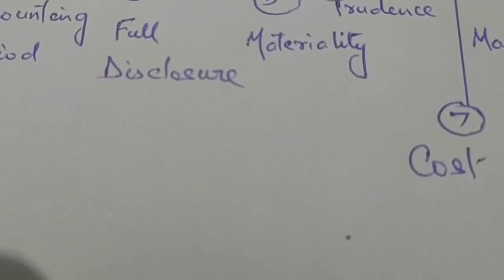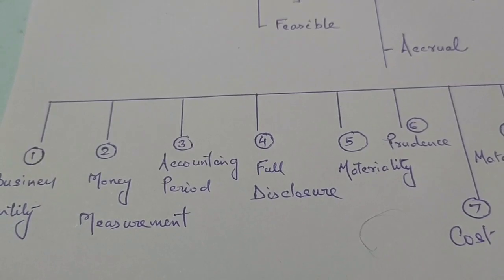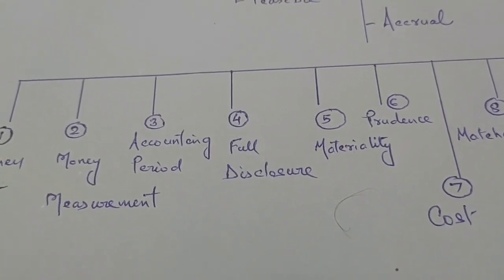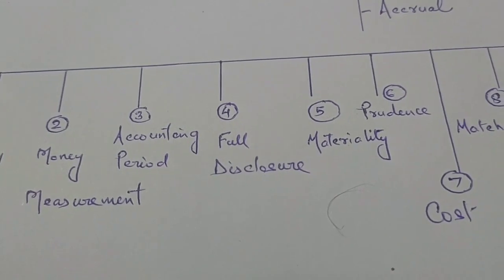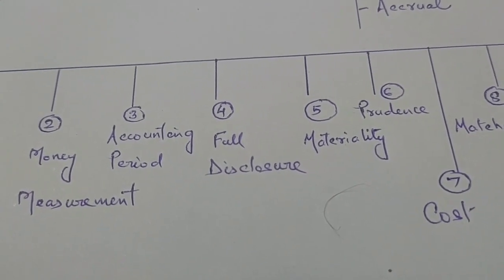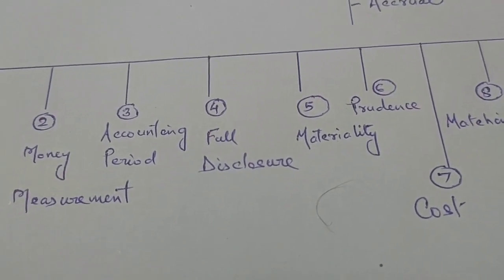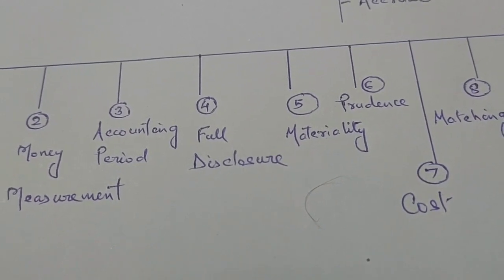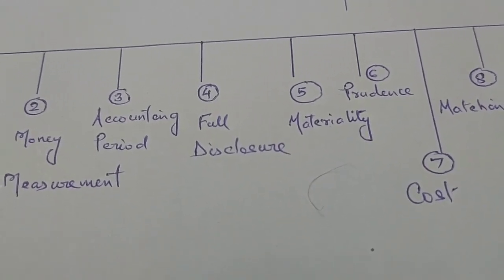The reason is that market price is fluctuating and difficult to trace, because market price cannot be static. It will be dynamic and will change according to the demand and supply forces in the market. So we should record fixed assets at their cost price less depreciation.